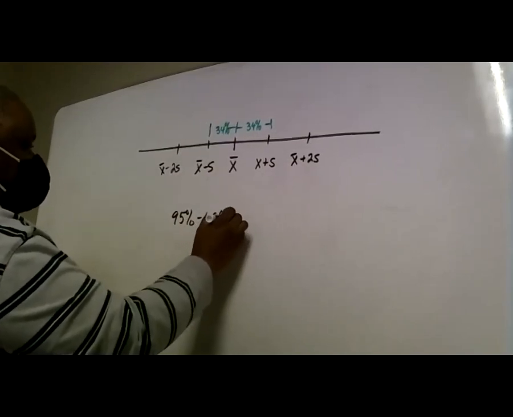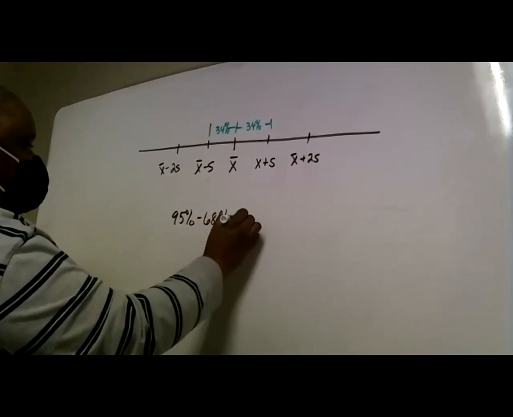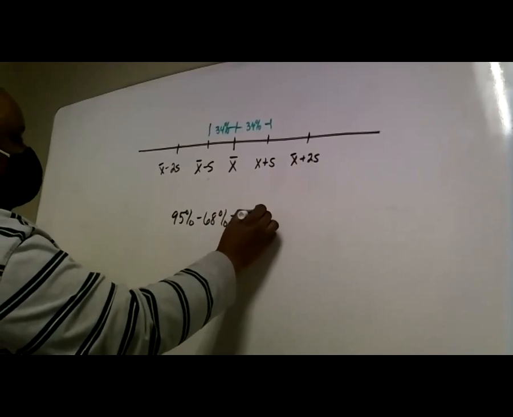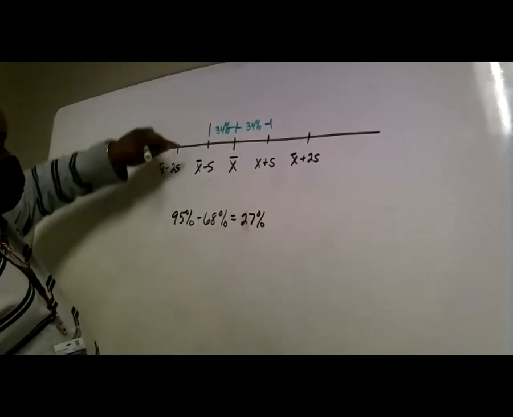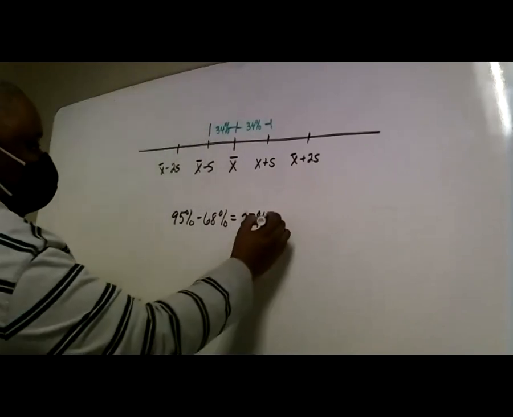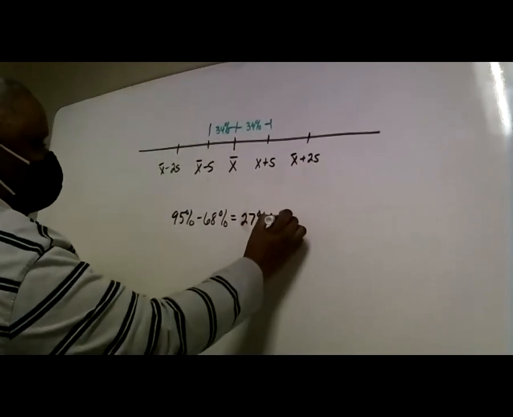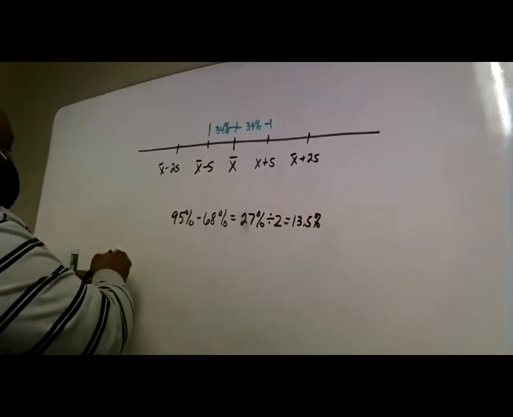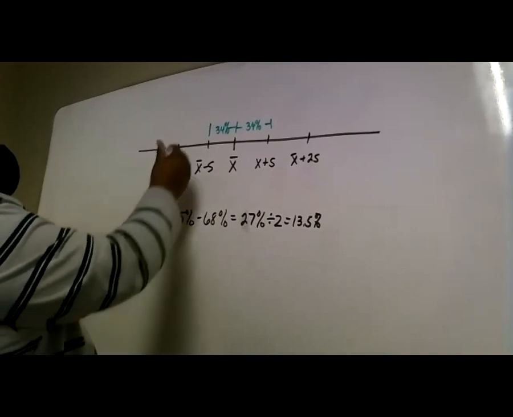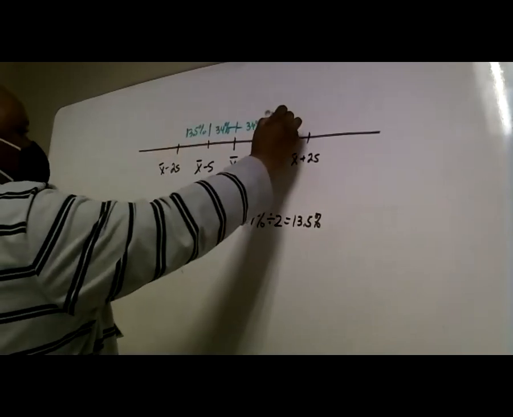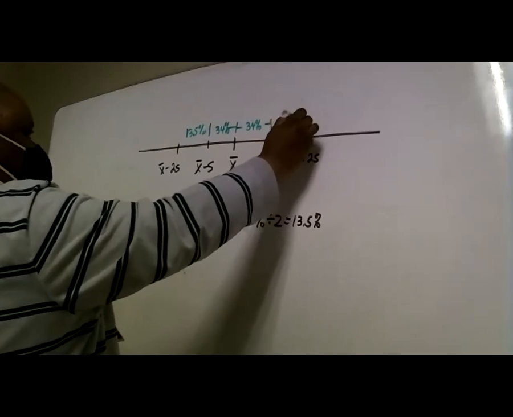So if I subtract 68 from 95, that's going to be 27%. These areas are spaced out evenly, so divide by 2. So this is 13.5% here and 13.5% here.